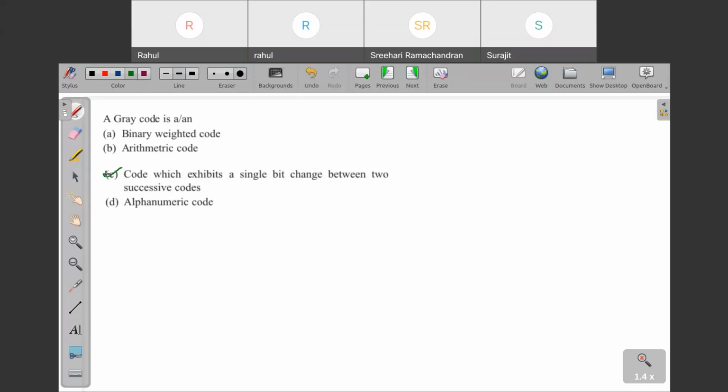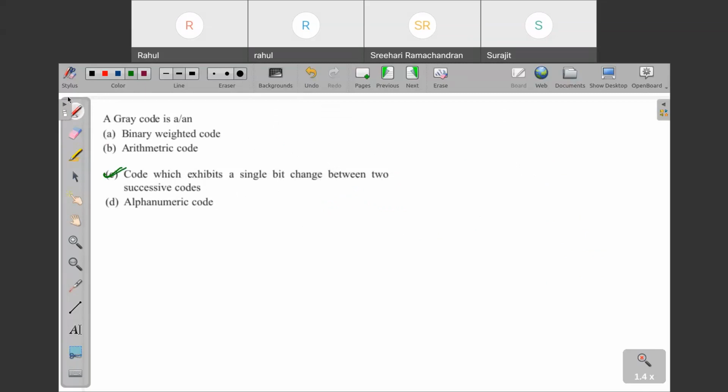So option C. If they had written reflective code, then also you would have marked it. Already I have told you that, gray code.